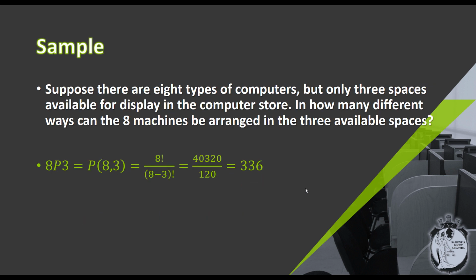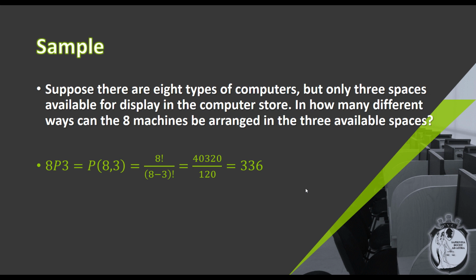Okay, we will see a sample here. Suppose that you have, maybe, a computer store, and you have three spaces to show customers the kinds of computers that you have. You have 8 types of computers, and you want to know how many different ways you can mix the eight computers.